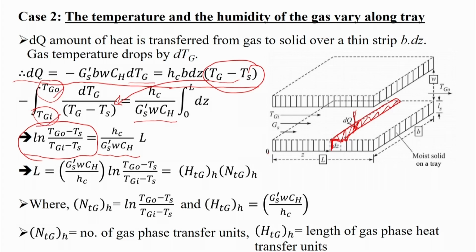Then by manipulation, L will be Gs' into W into Ch by Hc into ln of Tgo minus Ts by Tgi minus Ts.